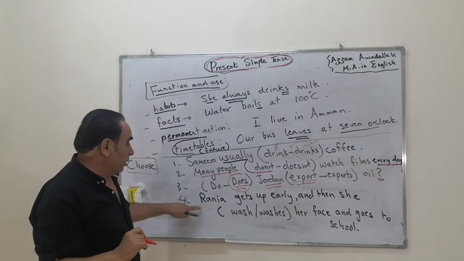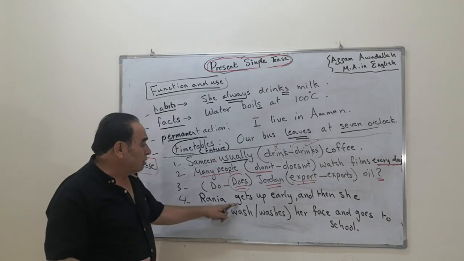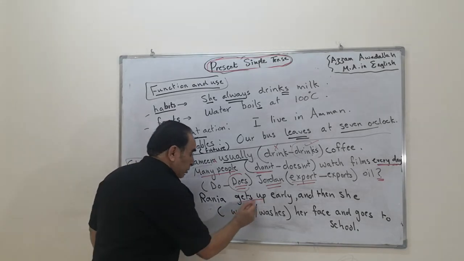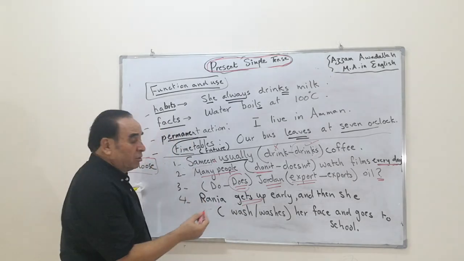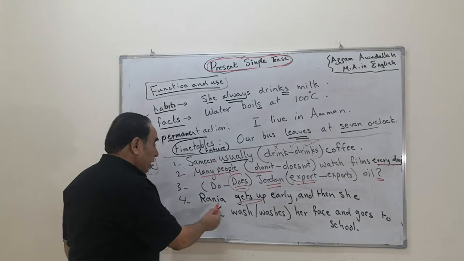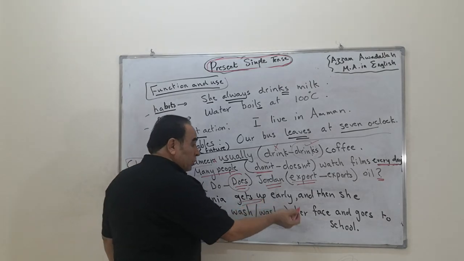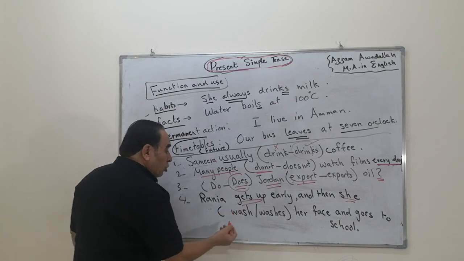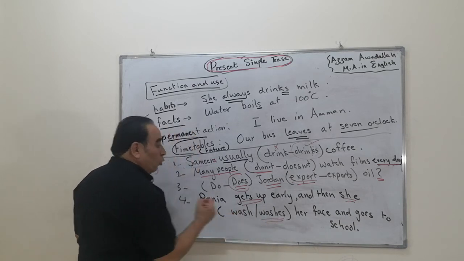Number 4, Rania gets up. In this sentence, we don't have keywords, but we have a verb. I have gets. It's in the present simple. Rania gets up early, and then she, we are talking about Rania, washes, not wash.